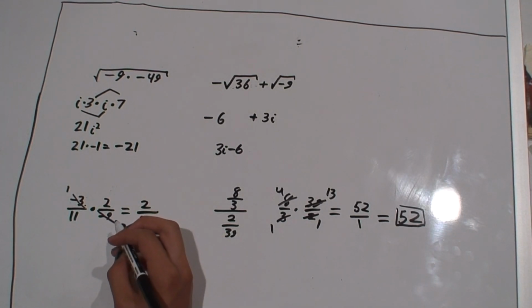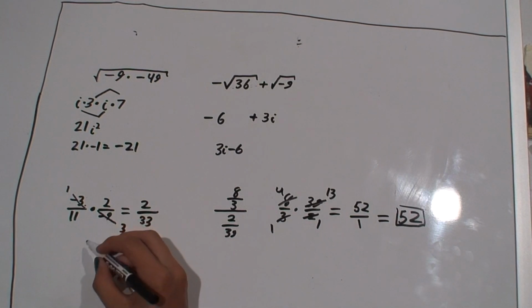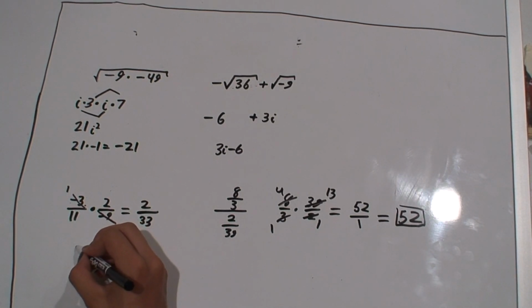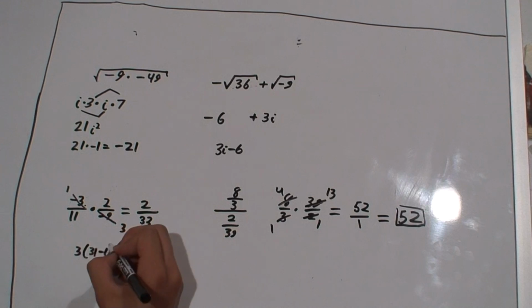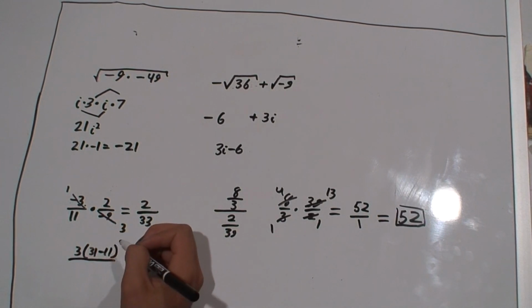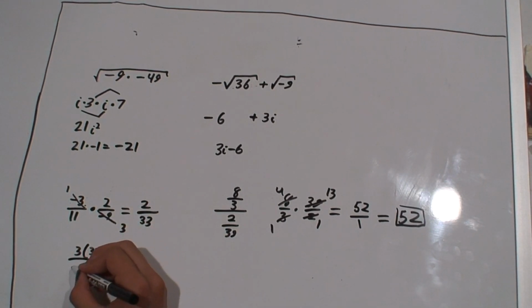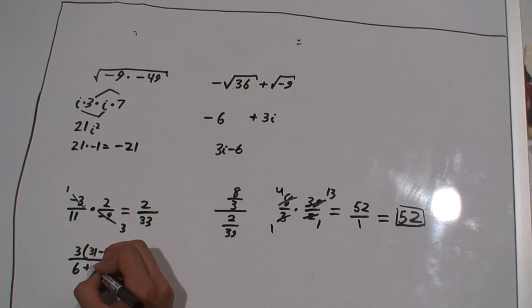One more kind of relating to fractions, we have 3 times (31 minus 11) divided by 6 plus 3 times 2.